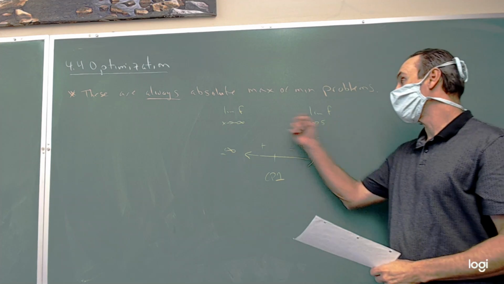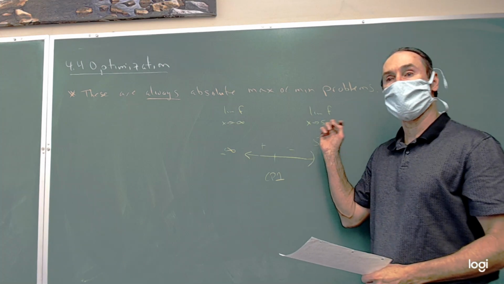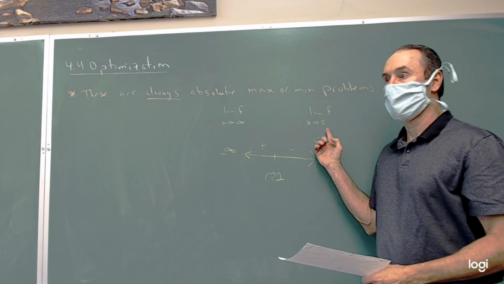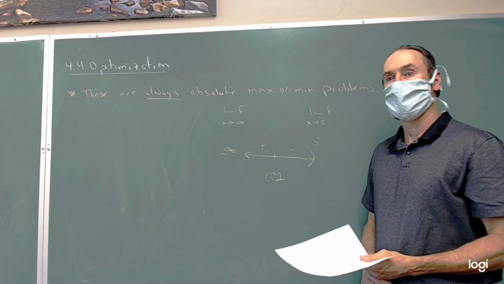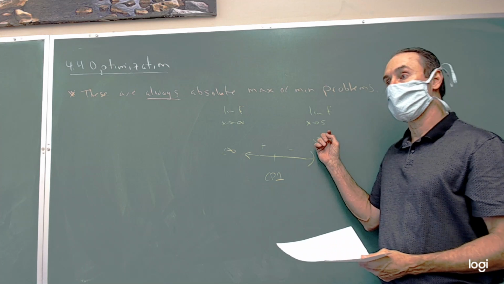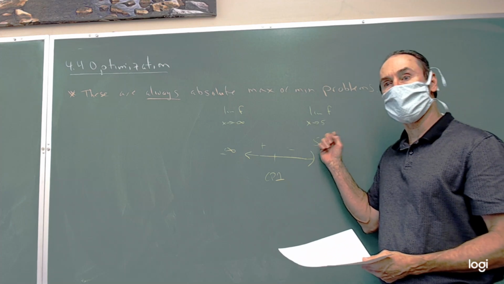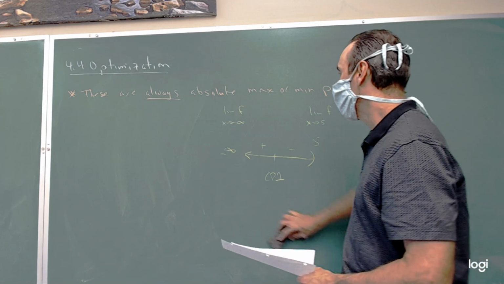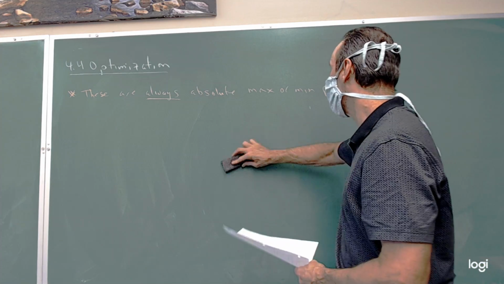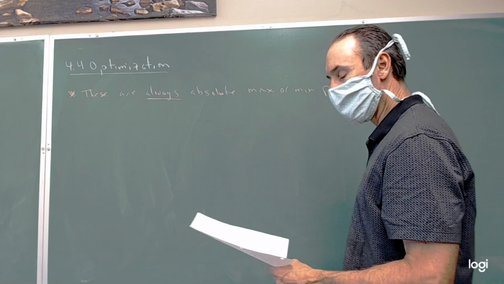Now you're hoping that these don't turn out to be the maximum or the minimum, because as a limit, that would mean there isn't a maximum or a minimum. Because it's approaching there, and there's no guarantee that it is actually equal to that value. So we'll see. I think we got an example or two that will bring that up.